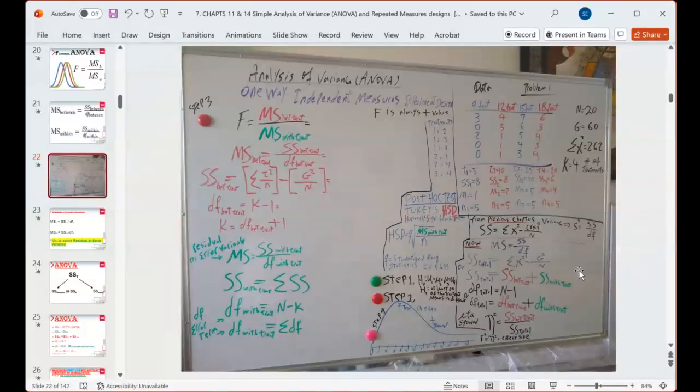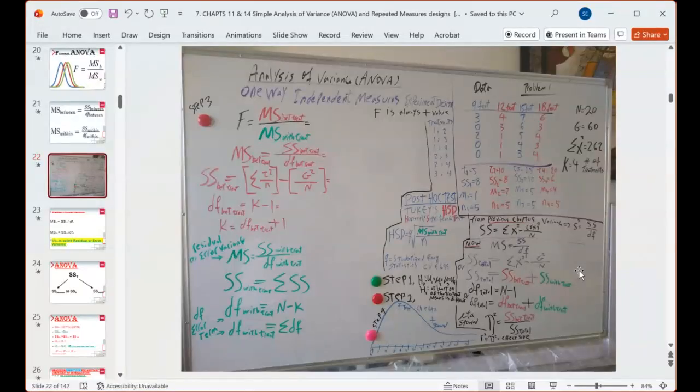It's called Tukey's honestly significant difference test. HSD is the honestly significant difference, and that is equal to Q.